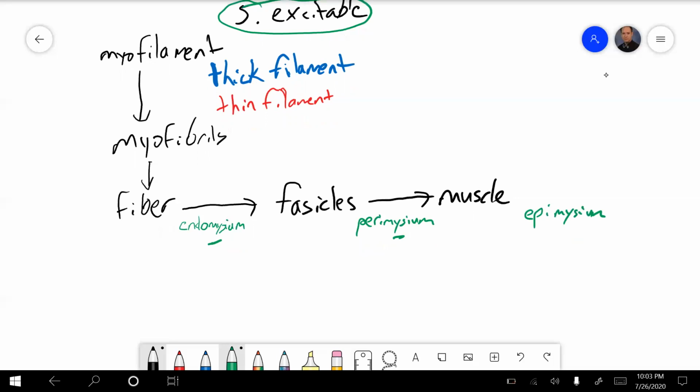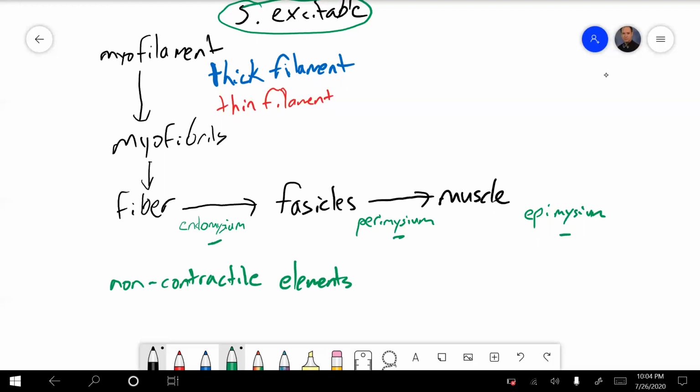In fact, collectively, these three things are referred to as the non-contractile elements. They are these three connective tissue wrappings.